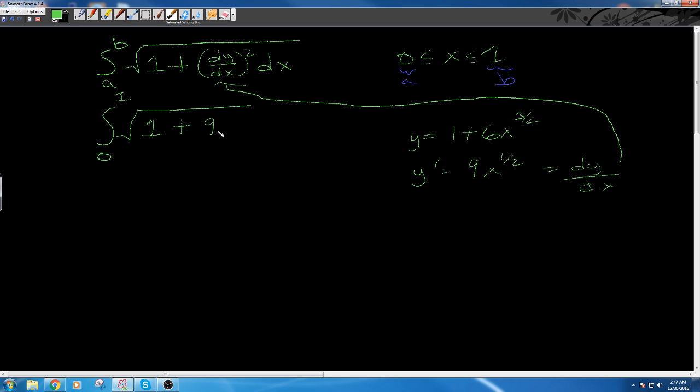So we're going to have 9x to the 1/2, squared, dx.